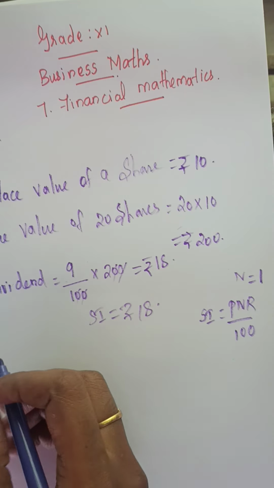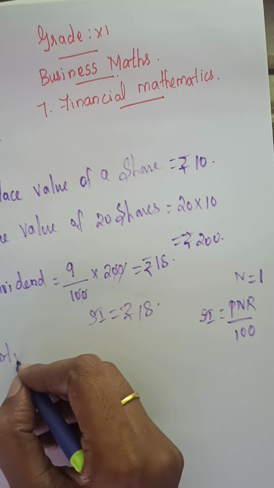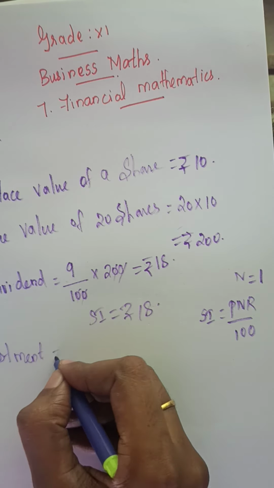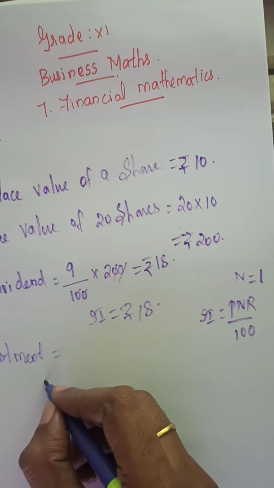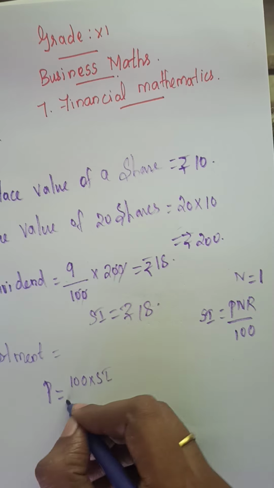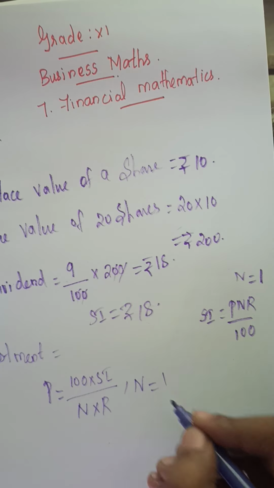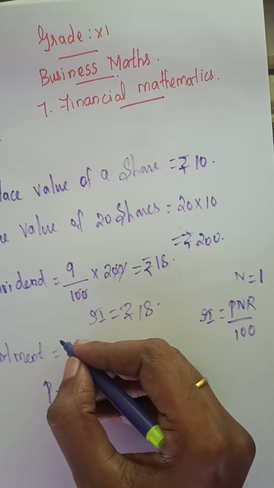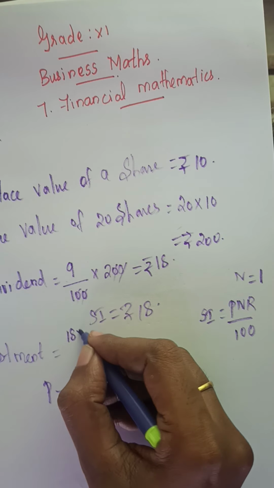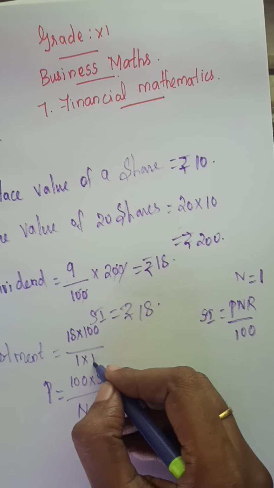Then next, we need to find the investment. For investment, the formula is P is equal to 100 into SI divided by N into R. Here also the N value is equal to 1. If we substitute, 18 into 100 divided by 1 into 12.